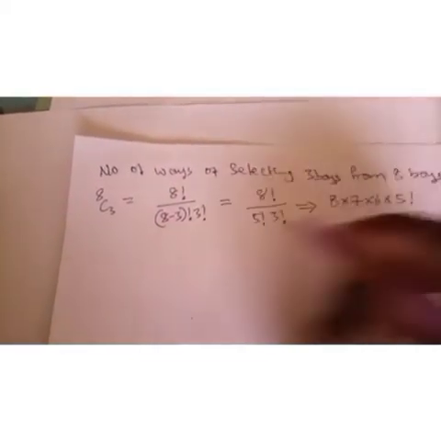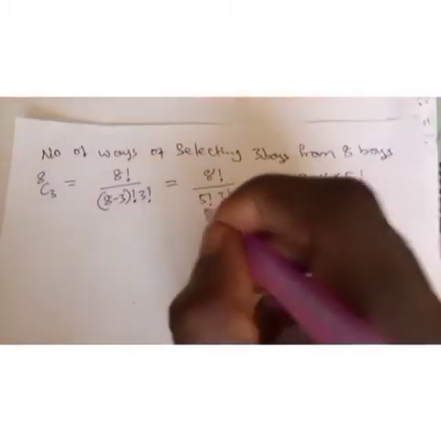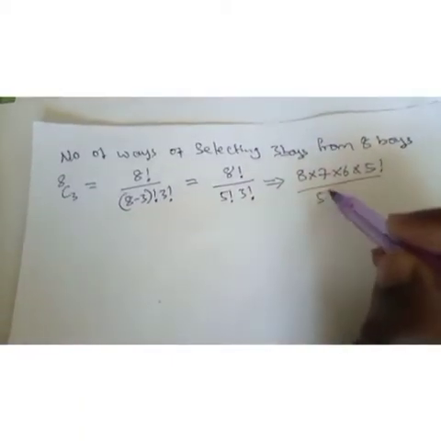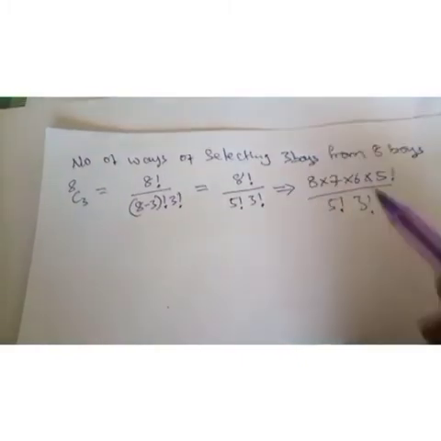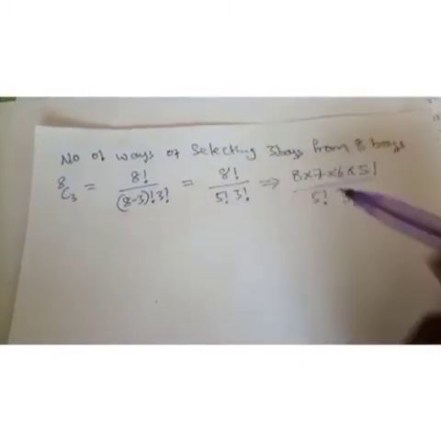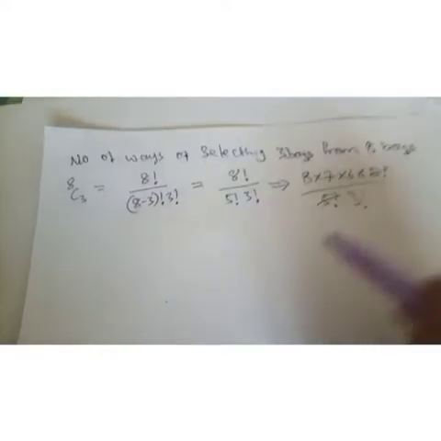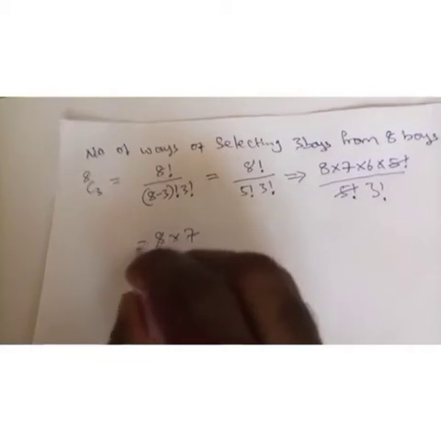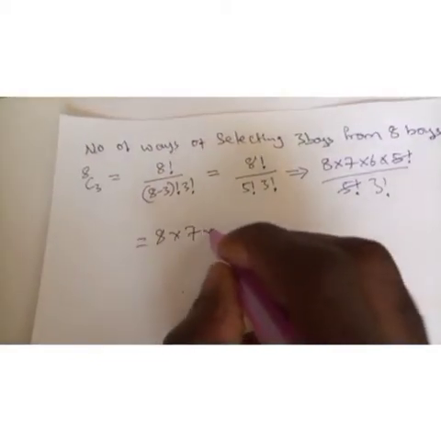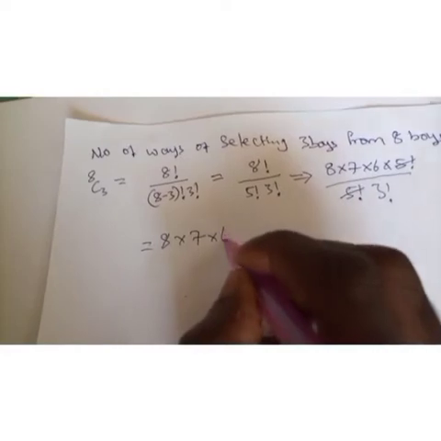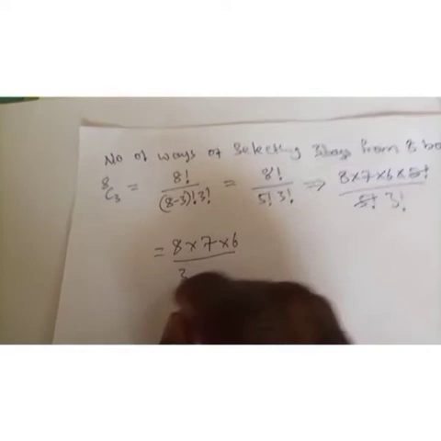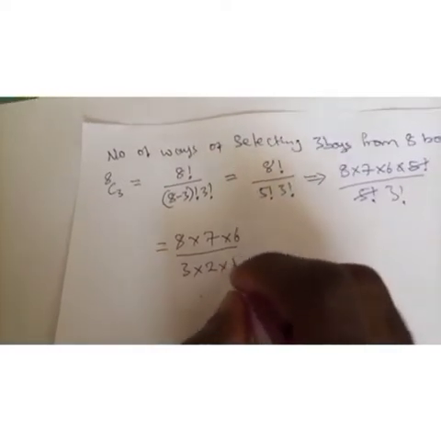We stop at 5 factorial because here we have 5 factorial, so that the 5 factorial will cancel itself. Then we have 8 times 7 times 6 all over 3 factorial, which is 3 times 2 times 1.